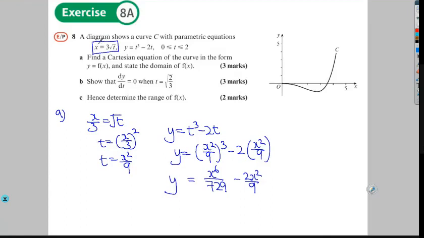And to finish off part A, they also want us to state the domain of f of x. In this case, it's very hard for you to get the answer by looking at the Cartesian form because we are not really sure how to sketch that.